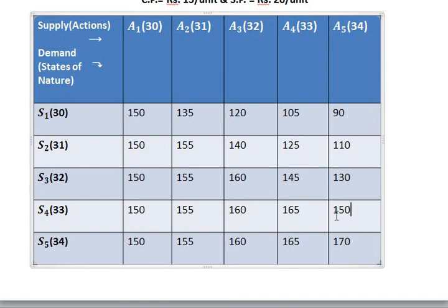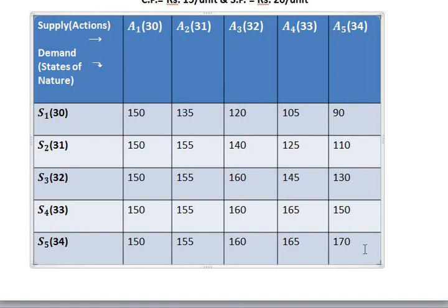So here we have seen how we have filled up all these values. I think now at least you may find it easy to fill the values and construct the payoff matrix. This is the last session of this particular unit 5, decision theory.